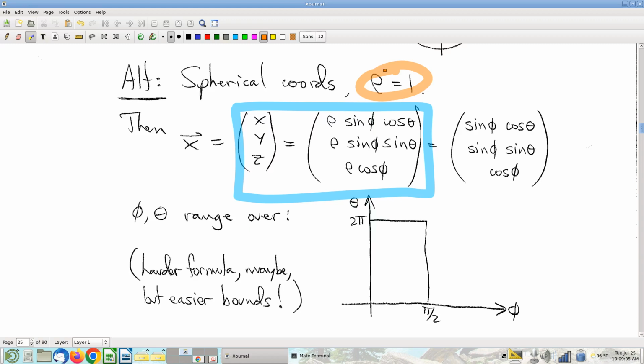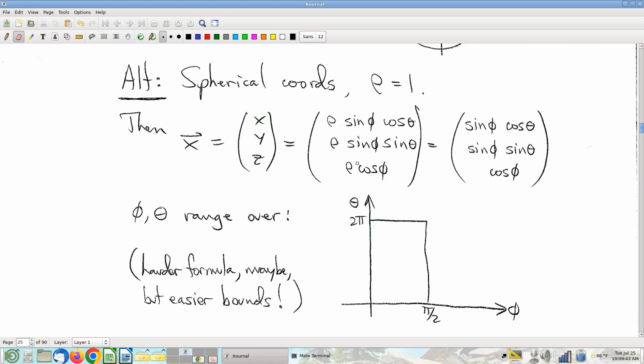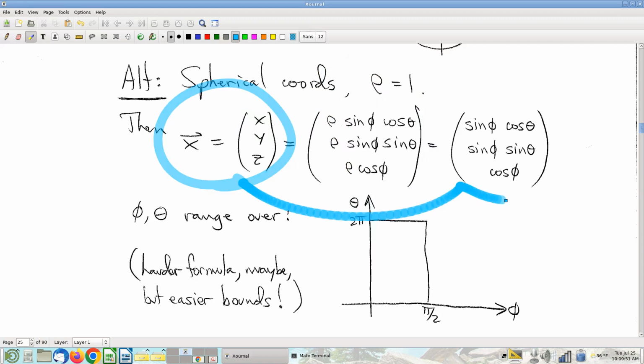So I just plug that in there, and there, and lo and behold, as we hoped, we have position as functions of two variables. Now this time they're called phi and theta instead of u and v. Whatever. It's still 2 inputs, 3 outputs. And this is a parameterization. Everybody on board?